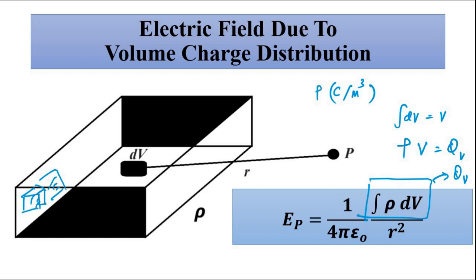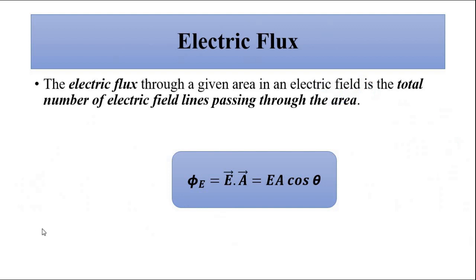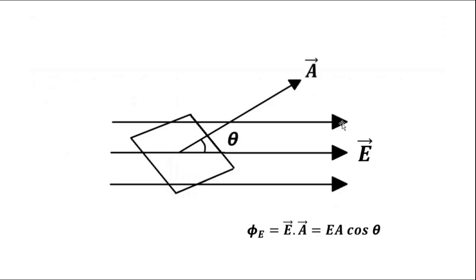Next is electric flux. Electric flux at any point through a given imaginary area in an electric field is the total number of electric field lines passing through that area. So it is simply the dot product of the electric field intensity and the area vector, which is radially outwards directed perpendicular to the surface of the imaginary area.